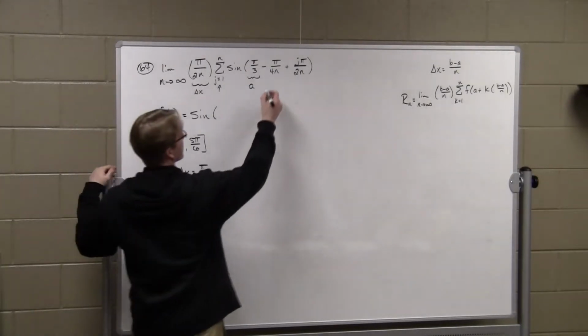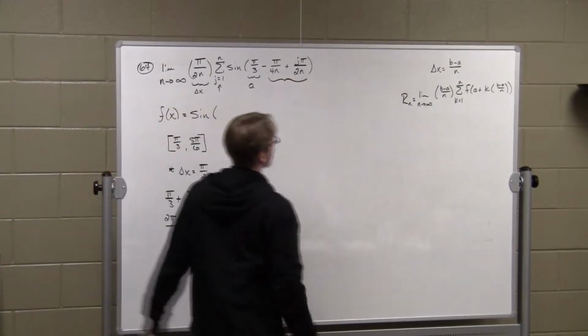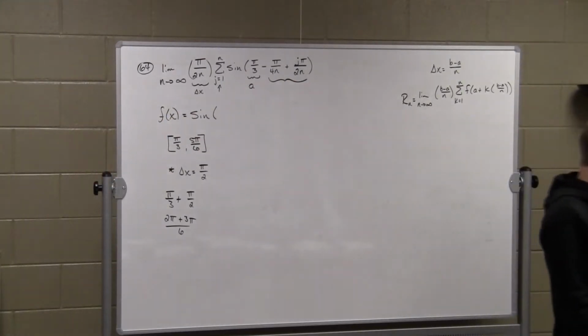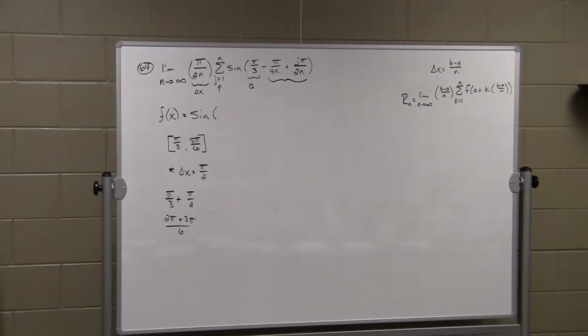So that leaves this, which has a J in there, which is our substitute for K, on one part of it, and then the other part is pi over 4n. What to do, what to do.